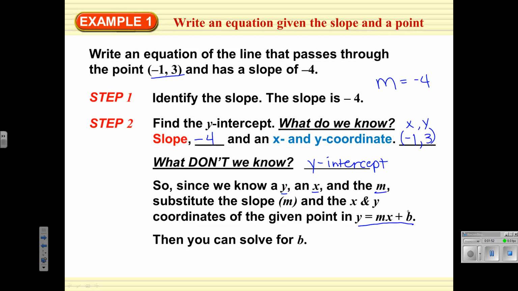Now this sounds confusing, but just bear with me. Here's our slope-intercept form. We know a y that is on this line. We know the slope of this line, and we know an x that's on this line. What we don't know is the b. So if we substitute our three values in that we do know, we can find the b that we don't know. So let me show you what I mean.